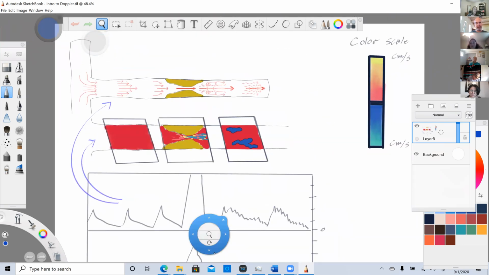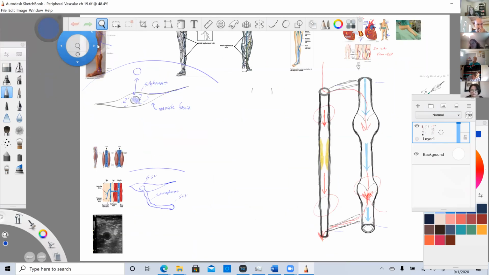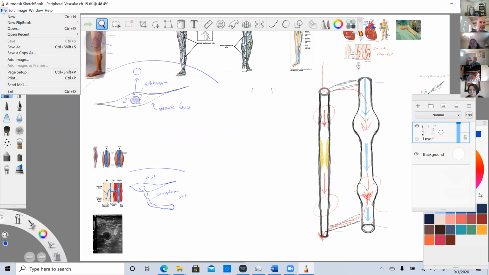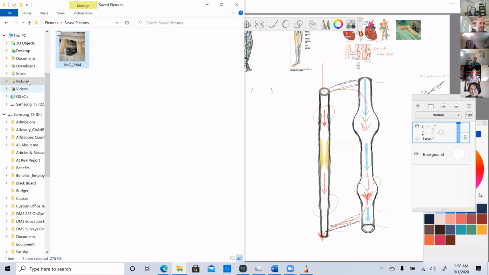Oh, and this is the wrong one. File, open recent. That's the wrong one. I just put a lot of work into this, and I really hope it's there. Oh, there's my kitty cat.